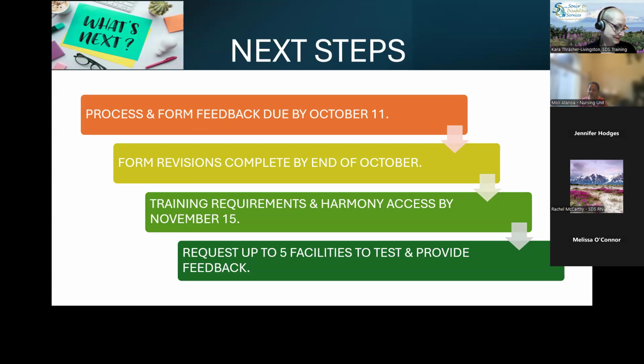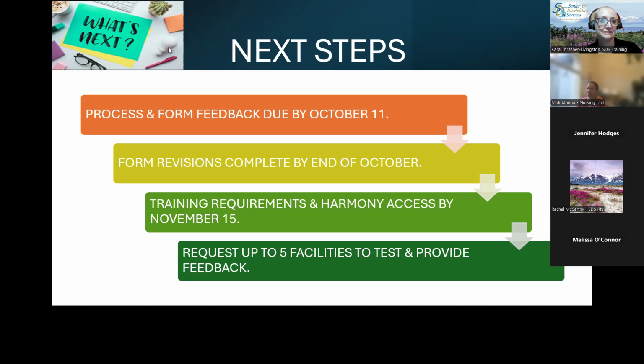We want to start to develop training, identifying specific training requirements for folks to become Harmony users. Part of the training that will be required before you can be provisioned as a user is the PASRR 101 training. So it's good to get familiar with that training, in addition to other trainings specific to our form and our process in Harmony.